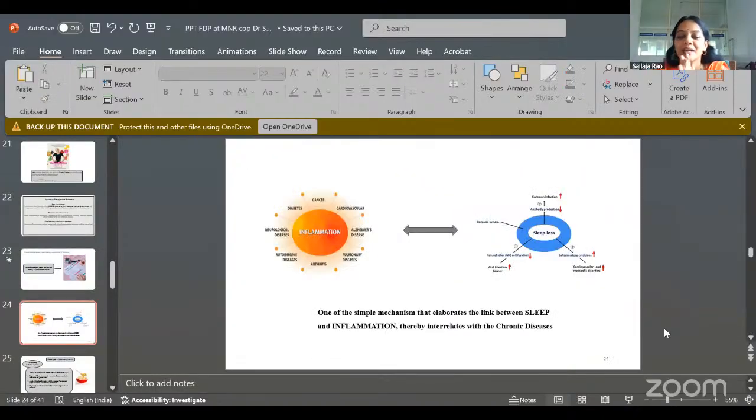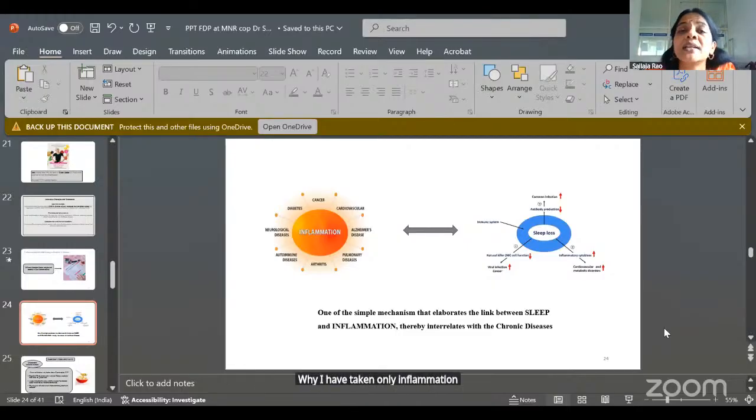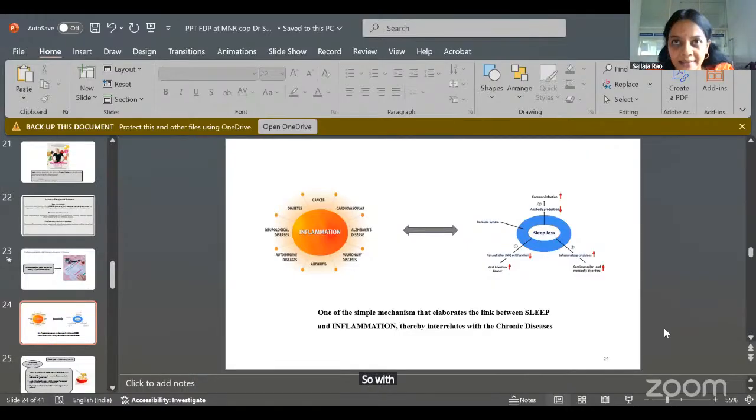Yes. This is one of the main slides, where sleep loss, sleep deprivation, is related to inflammation. Why have I taken only inflammation? Because inflammation is related to so many chronic diseases. With inflammation, the disease starts.